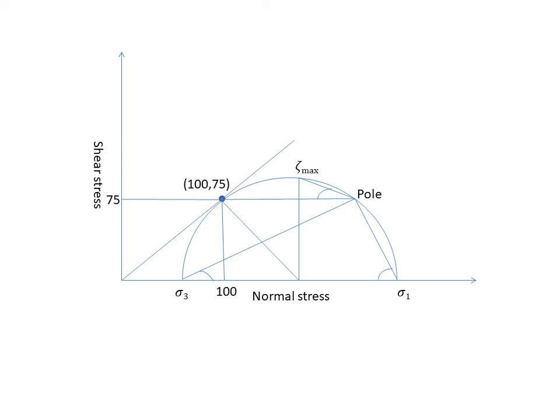C value is 0, phi value you report. One basic thing you have to take care of when plotting the Mohr circle, which I've mentioned several times in class and am repeating once again: the scale you take on the x-axis should be the same as the scale you take on the y-axis.